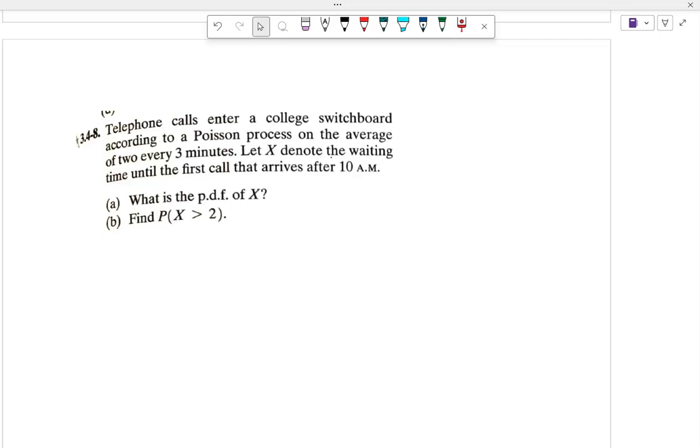Okay. Now, we have a Poisson process. Remember, our Poisson process was something very specific, right? Individual occurrences are independent of each other, and you can chop up your interval into enough pieces that the probability of exactly one occurrence in that small interval is directly proportional to the length of that interval, and you can't have 2 occurrences or more in that interval, right?